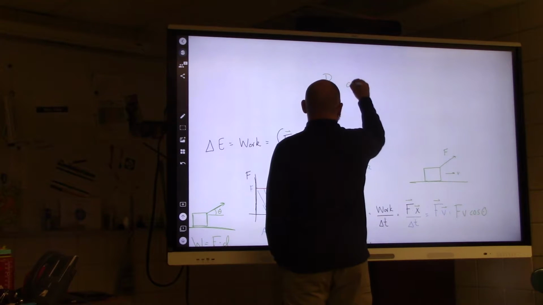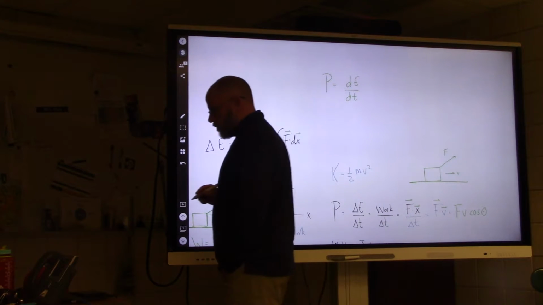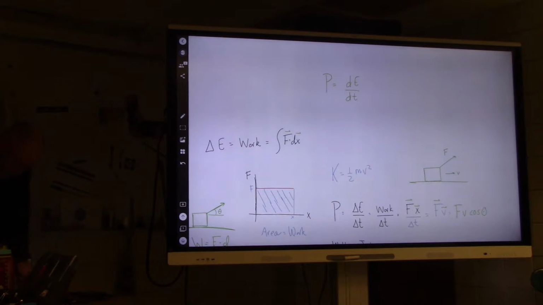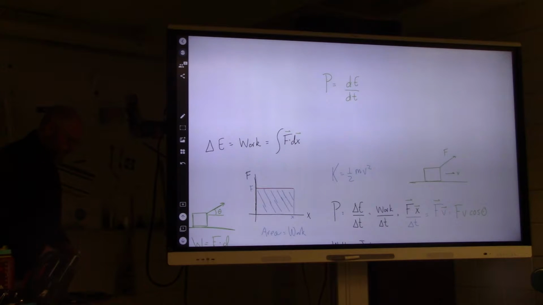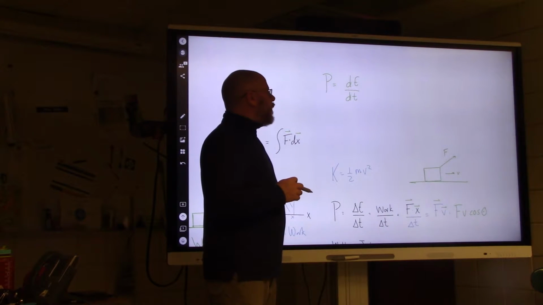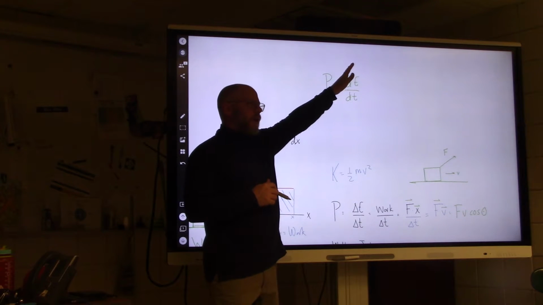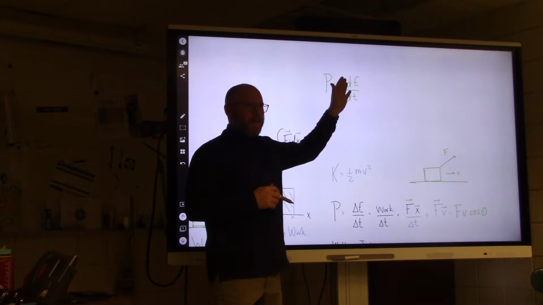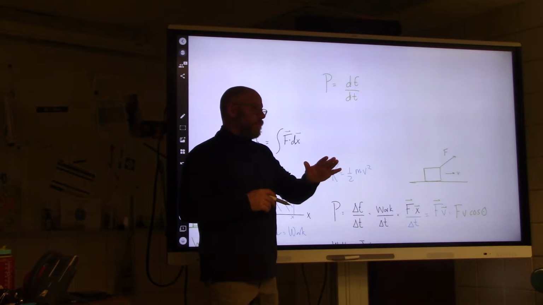So on the sheet it says dE/dt, right? So this means that if you had, let's say, an equation for the energy, you could figure out the power if you need to take an antiderivative. I've literally never seen that, okay?